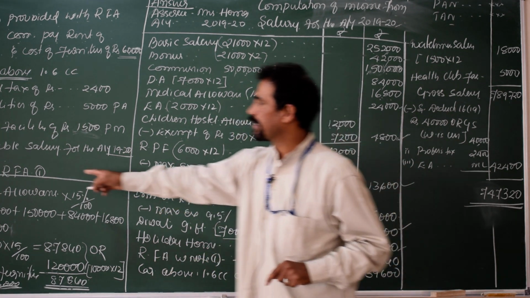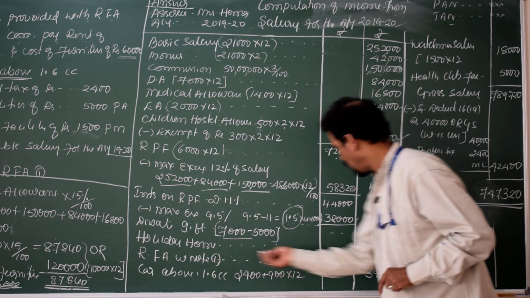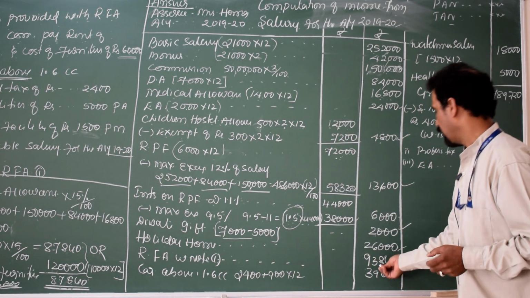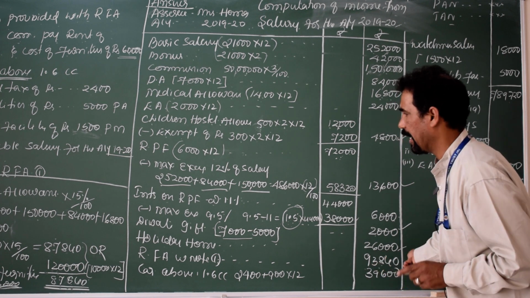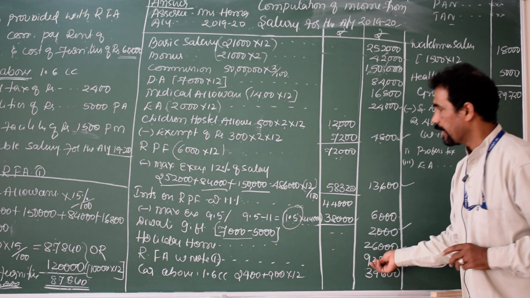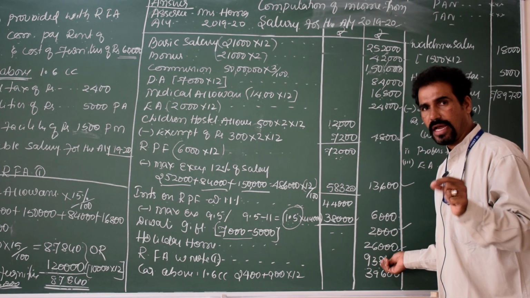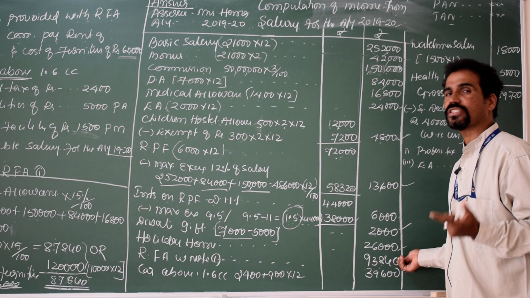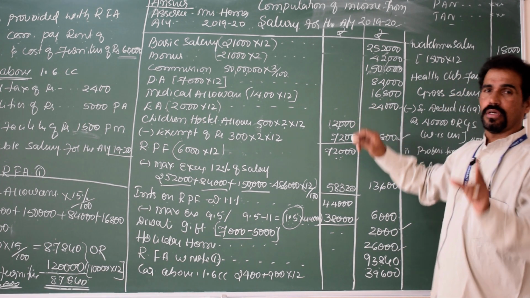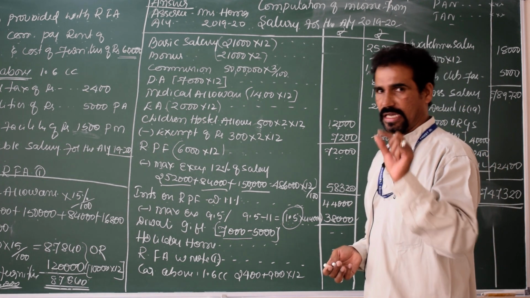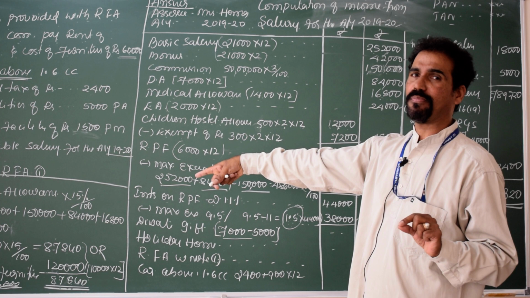Next, RFA. Already I did the working note for it. Same working note number 1, I am entering 93,840. 93,840 means 87,840 is the RFA amount and 6,000 is the cost of furniture. Add cost of furniture, I told you. 15% of salary depends on the conditions of the population.